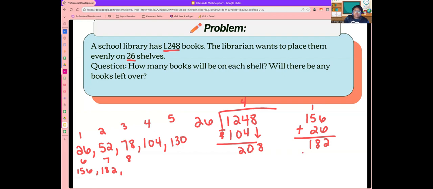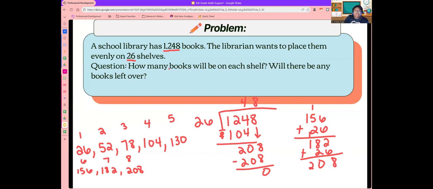Gonna add another 26. 2 plus 6 is 8. 8 plus 2 is 10. Regroup with 1, 2. Oh, well, it gets us exactly to where we want to be. So it can go in 8 times. And that's going to be exactly 208.